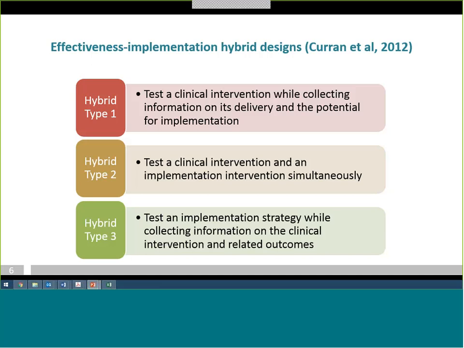And now we're testing this weight management intervention in people with osteoarthritis. The second condition is that there is strong momentum for implementation within the clinical system.